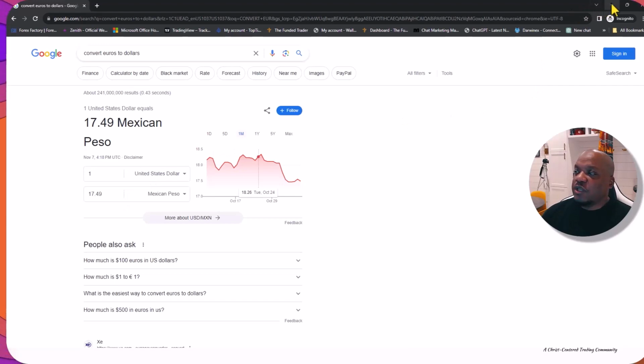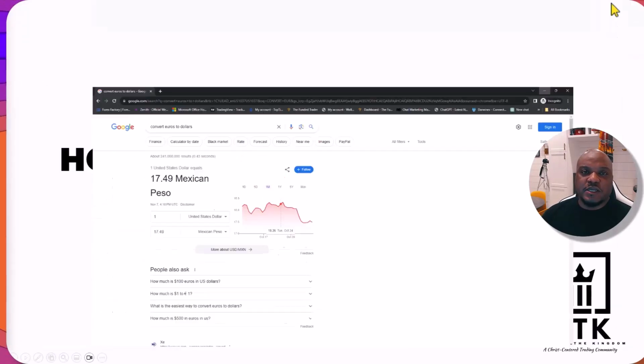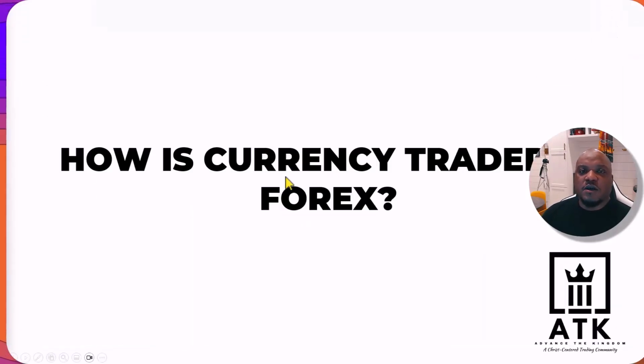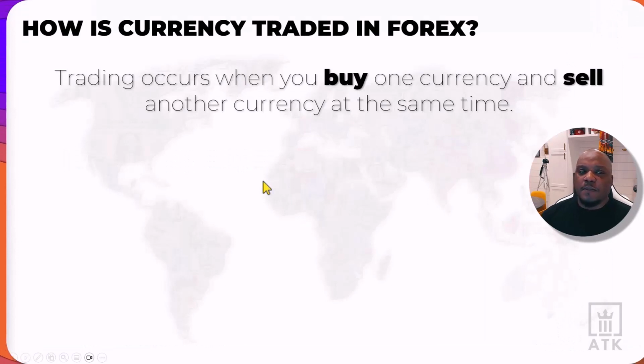And so that's really what we're doing in the Forex market: we're exchanging one currency for another currency. We're trading one nation's currency. In the example, I traded the euro and got back $1.07 of United States dollars. Or for the peso, I traded one United States dollar and got back 17.49 Mexican pesos. So I'm buying one currency, selling another currency.